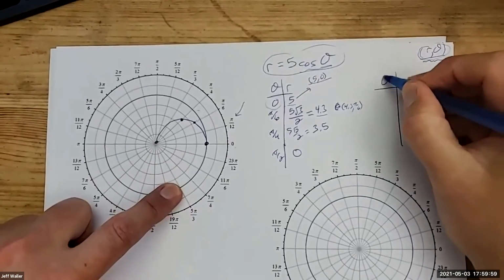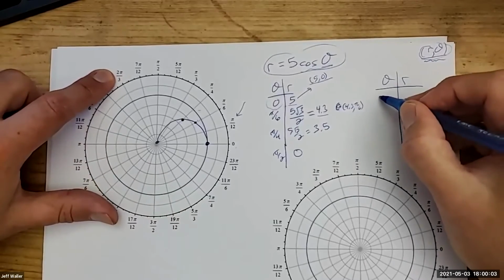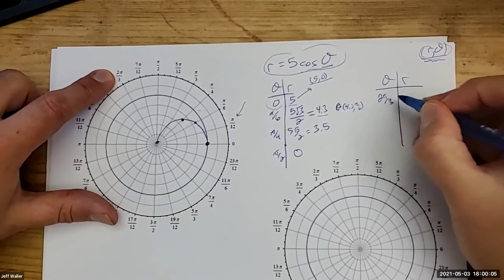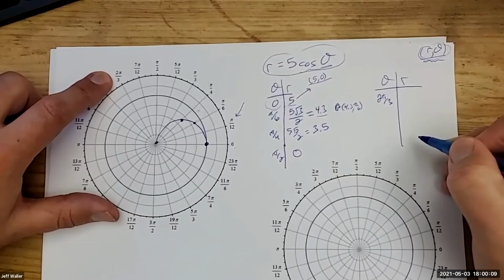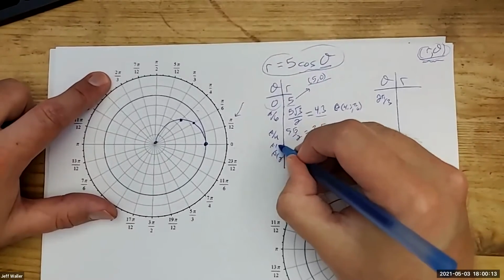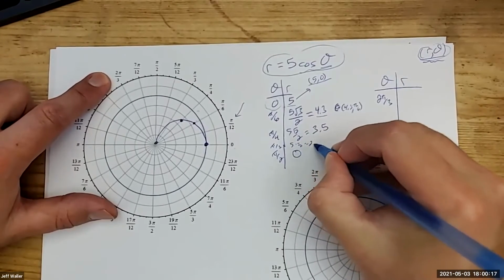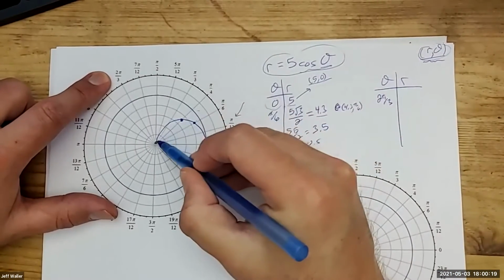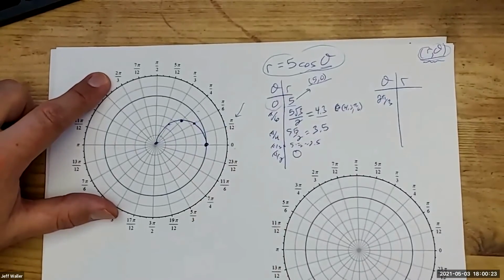So what about if I use 2 pi over 3? Now, real quick, pi over 3 would have been, like Rio said, 5 times a half, which is 2.5, which is about where I put it there, right? You guys see that?